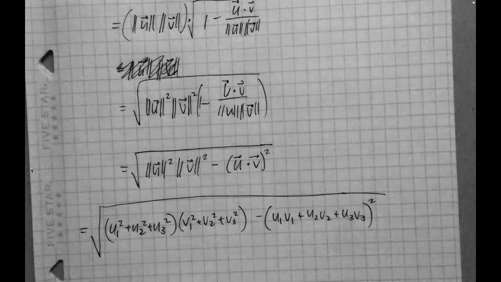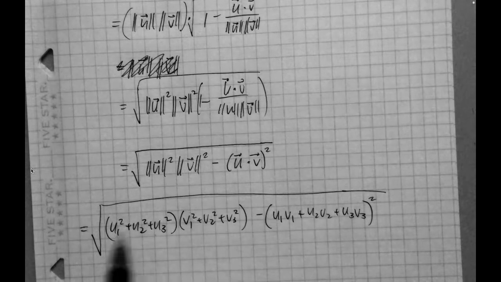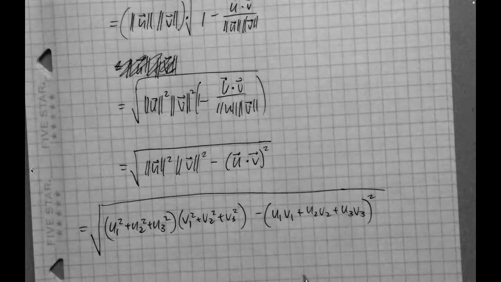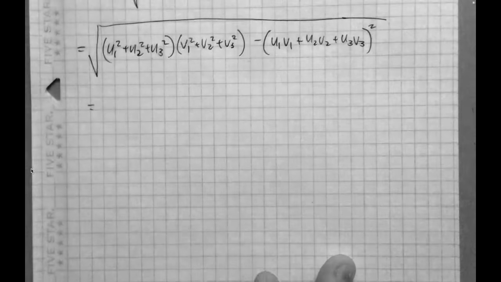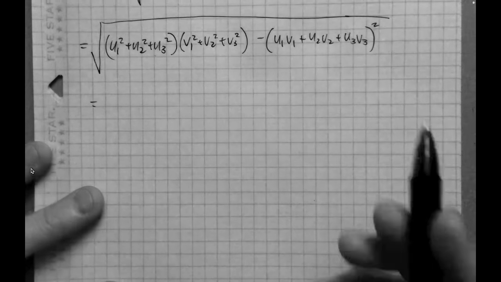Now this looks terrible, but it turns out this works out really nicely. Now when we expand this front piece and then square this piece out here, what we end up with, and it'll take several steps to do it, so I'm just going to cut to the chase here. But you can easily confirm this by just expanding this.